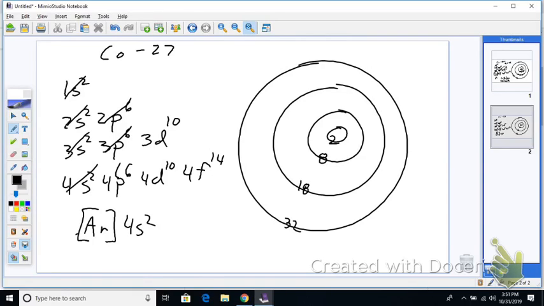That's been filled. And then we can go back to the d's, and we'll go 3d, because these d's have not been filled. A lot of times students will make a mistake and start filling the 4d's. So they'll go 4s2, 4d. They can't do that, all right? Don't do that. What you'll do is just do the 3d's.